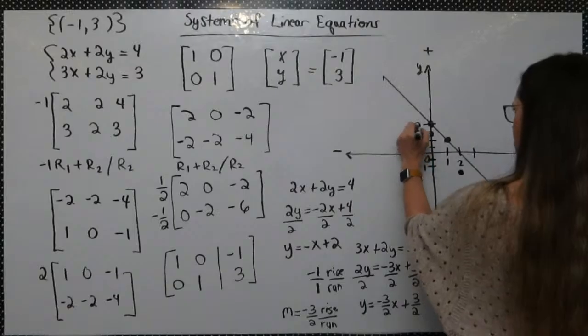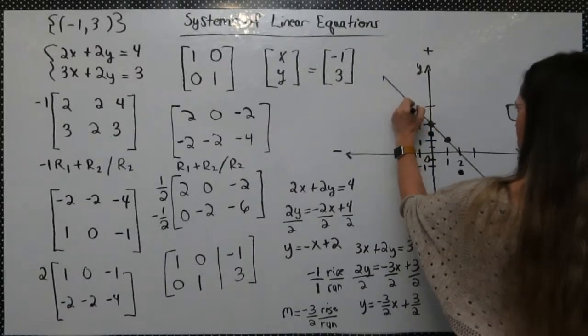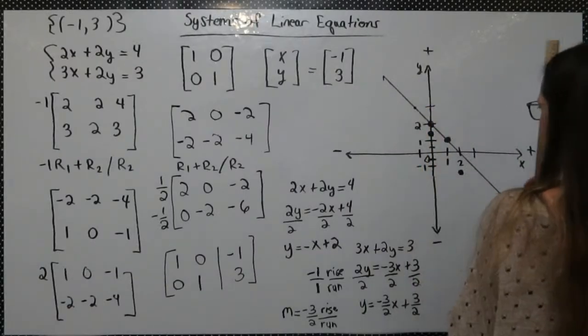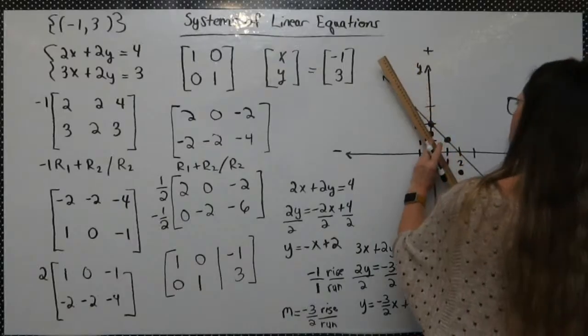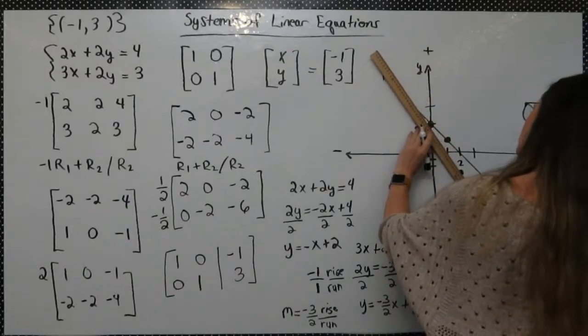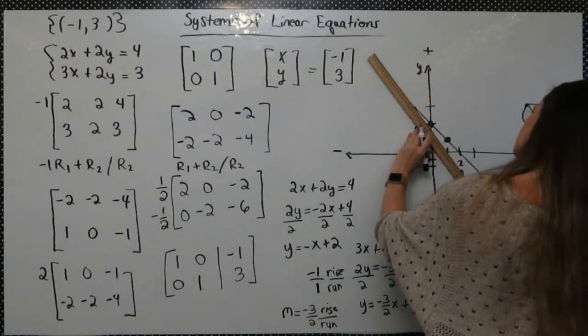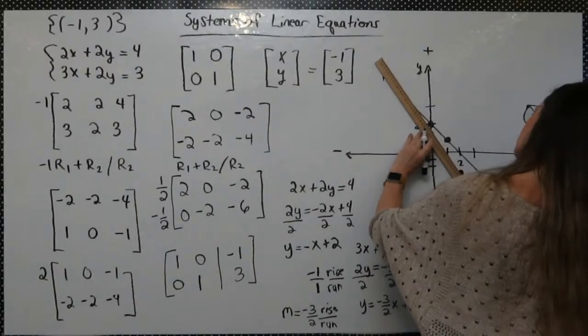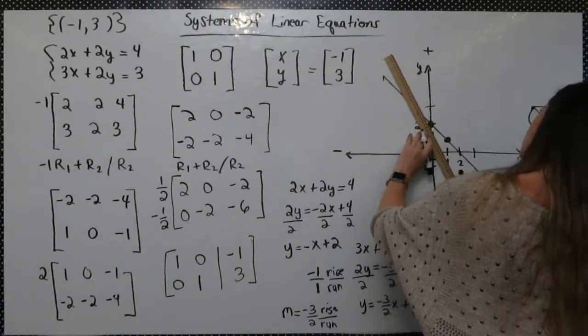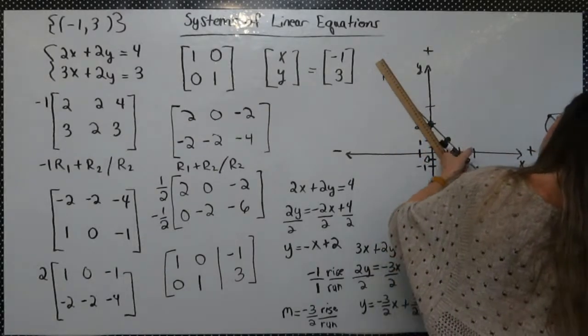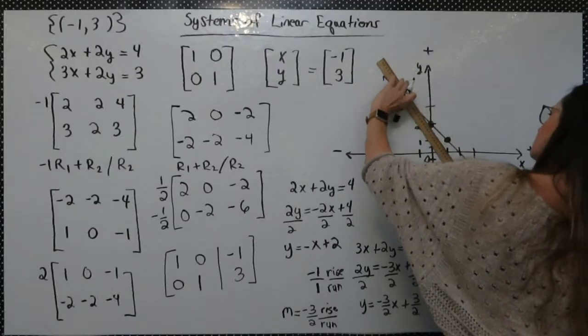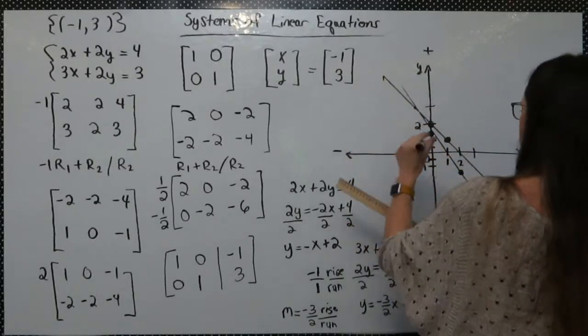(-1, 3) is here. It looks like when I draw this line in here, it's going to work out. Okay, so I'll try to line it up. Let's see if I can get it. That's pretty close.